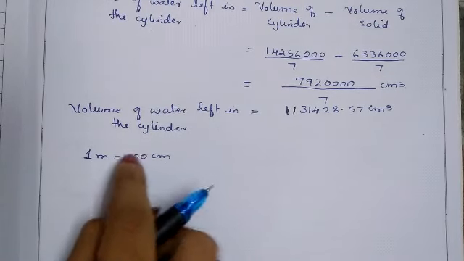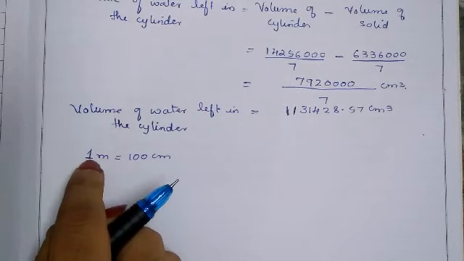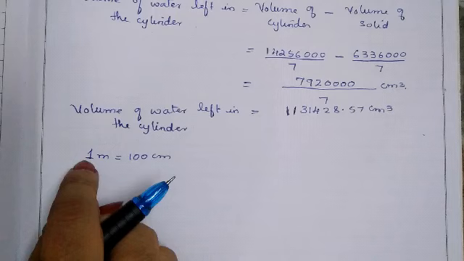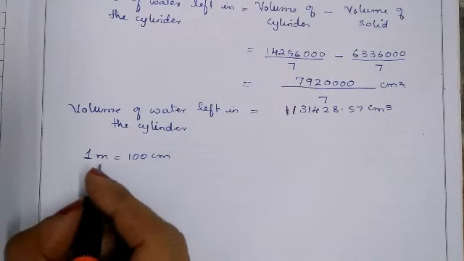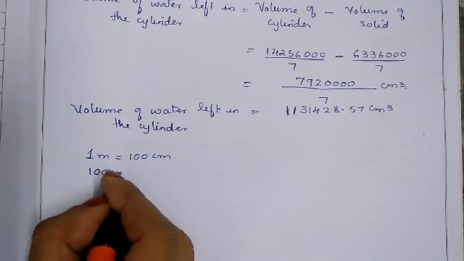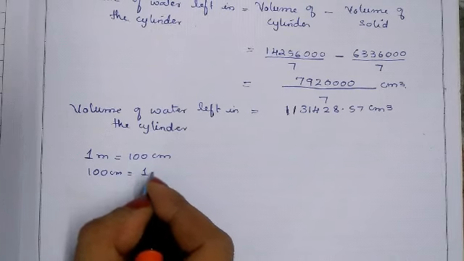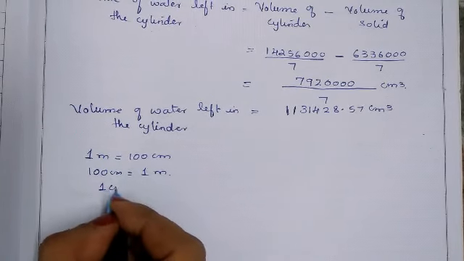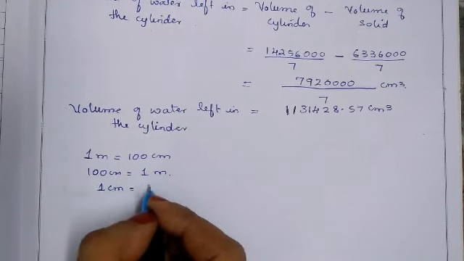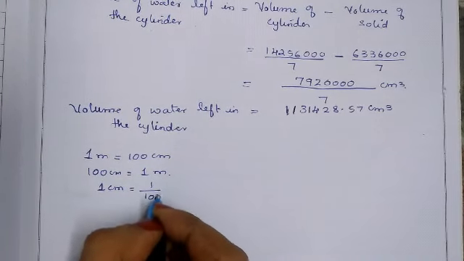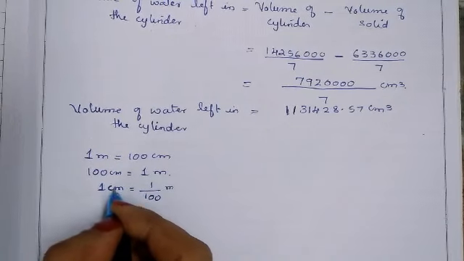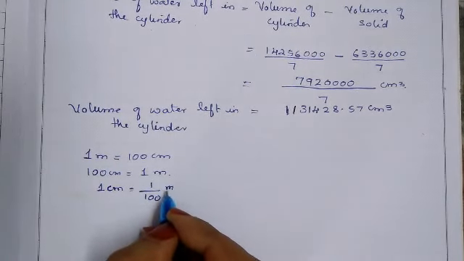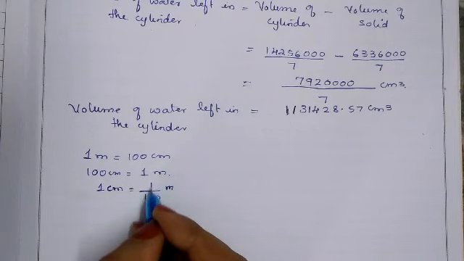From centimeter to meter, big to small, like 100 to 1 we should go. So now 100 centimeter is equal to 1 meter. 1 centimeter is equal to what we need to do? 1 upon 100 meter. So from centimeter if we want to bring into meter, then 1 upon 100.